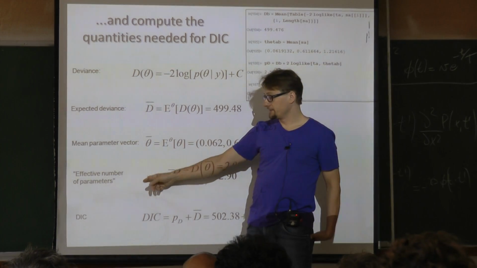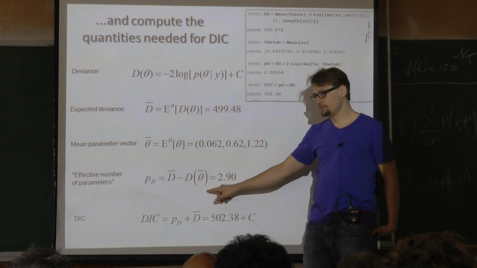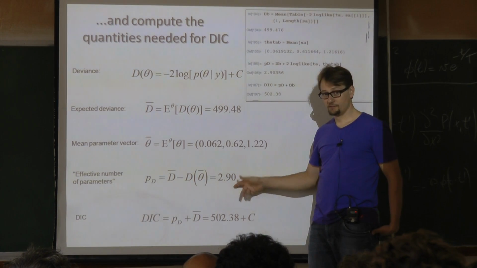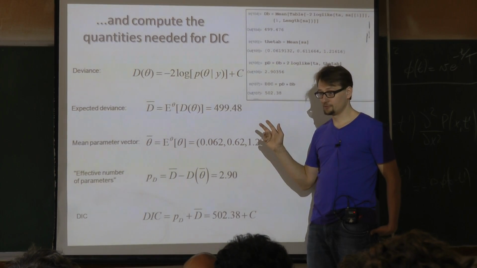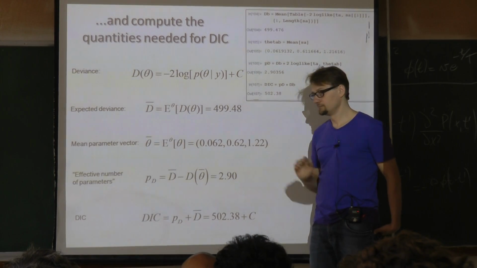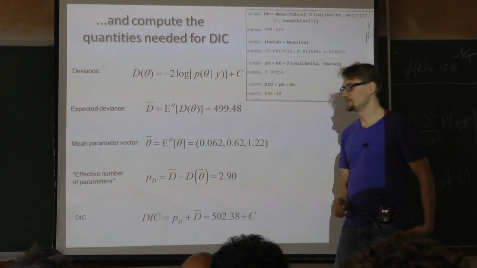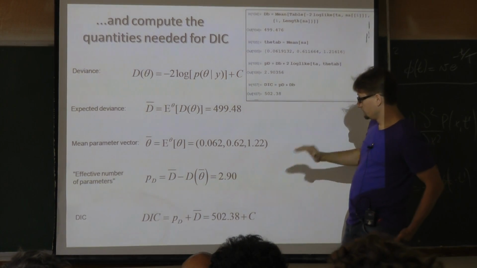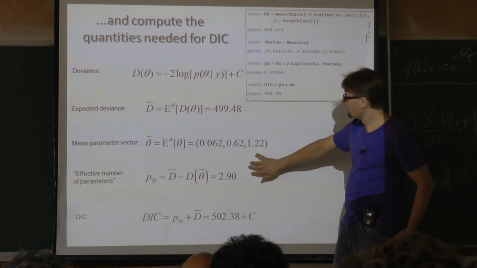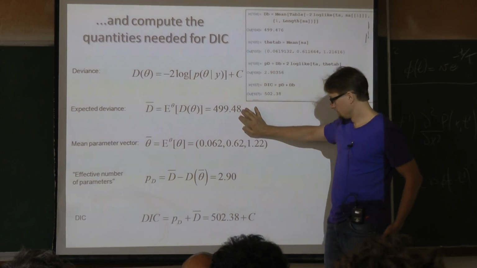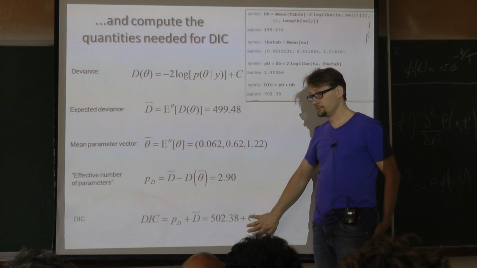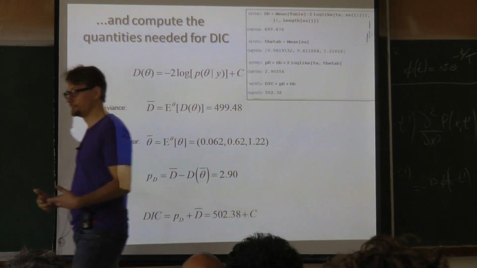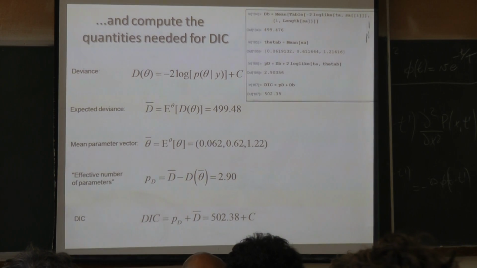That gives me the effective number of parameters, this difference, and it turns out to be 2.9 in this model, where in reality we had 3 parameters. So it makes sense, this number. And then I just sum this number with that number to get the DIC of this particular model. Now if I have another model, I calculate the DIC for that and then I compare.